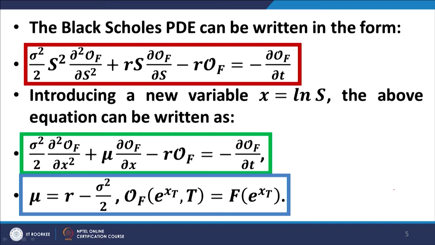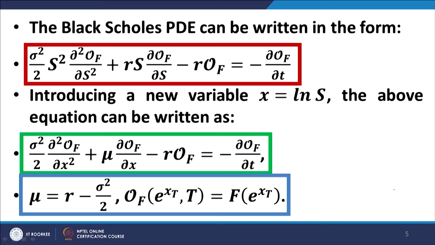It can be written in the form given in the red box here, and in terms of the logarithm of the price, log S, we can simplify this Black Scholes equation to the form expressed in the green box here.